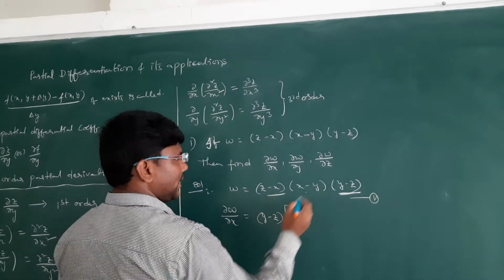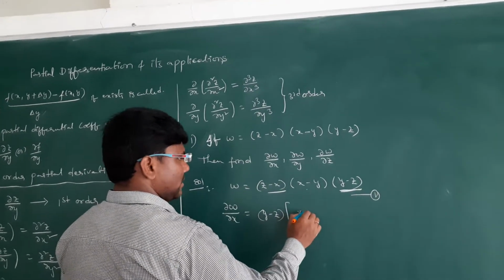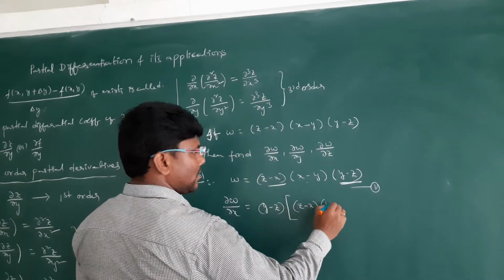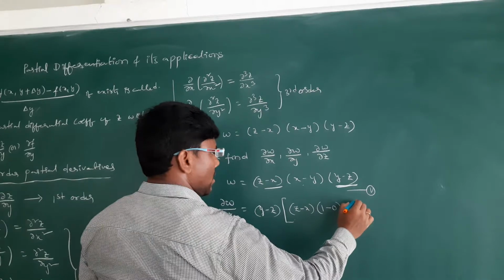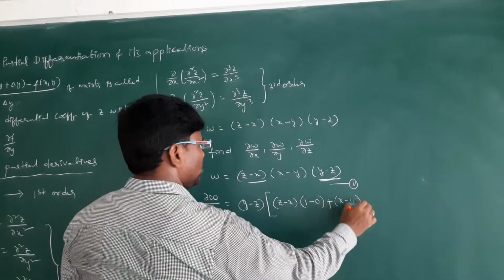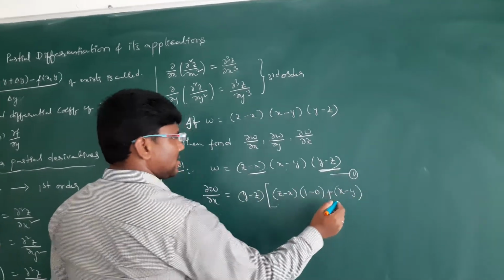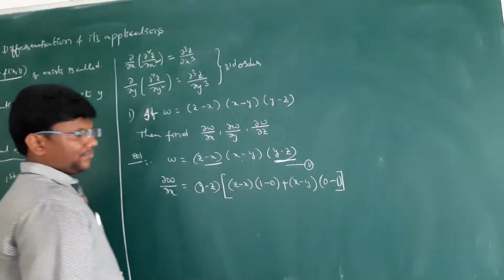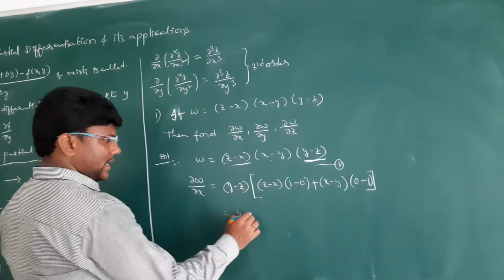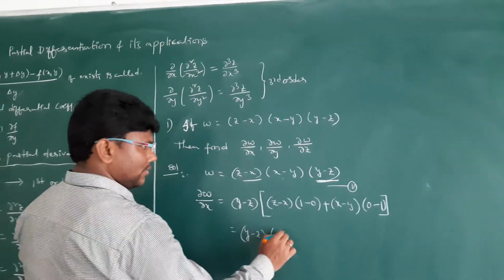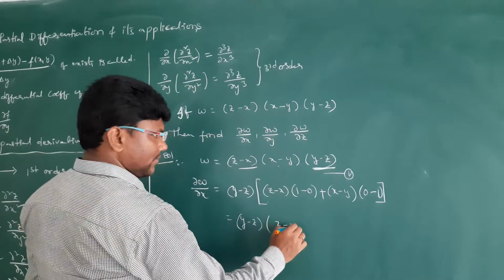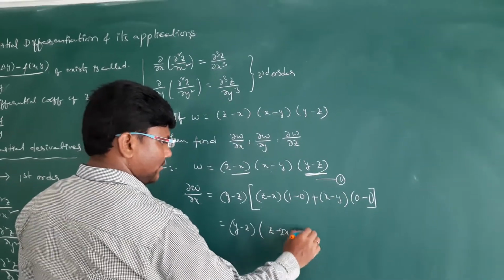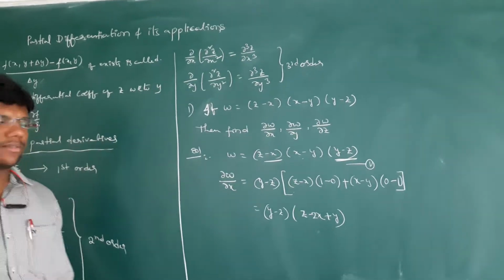This is a u into v differentiation: z minus x into the x derivative, which is 1, y is constant 0, and x minus y into the z derivative, which is constant 0, the x derivative is 1. That is y minus z into z minus x, minus 2x plus y. This is dou w by dou x.